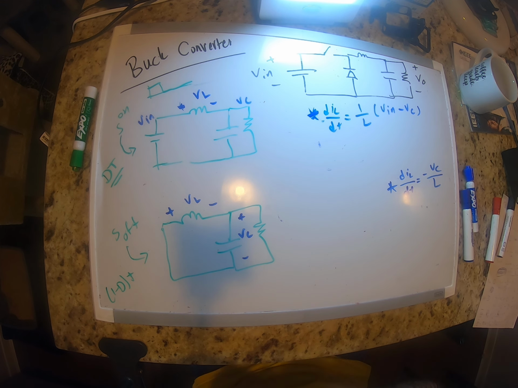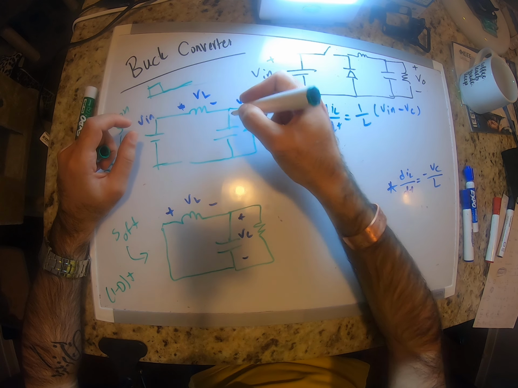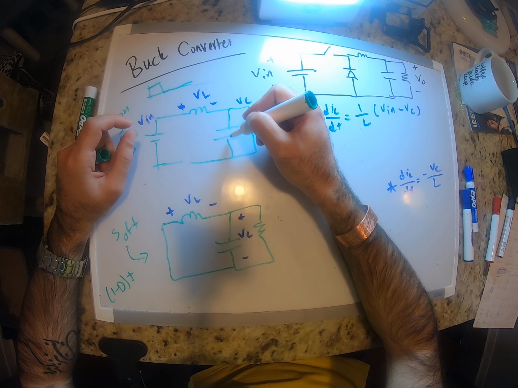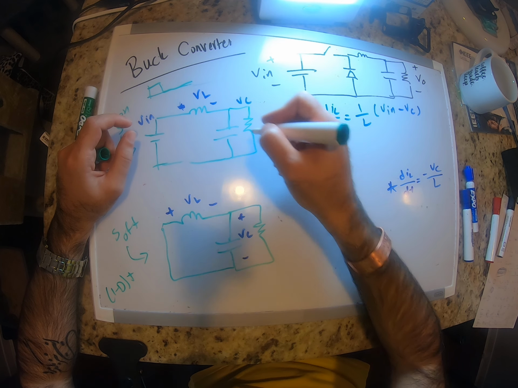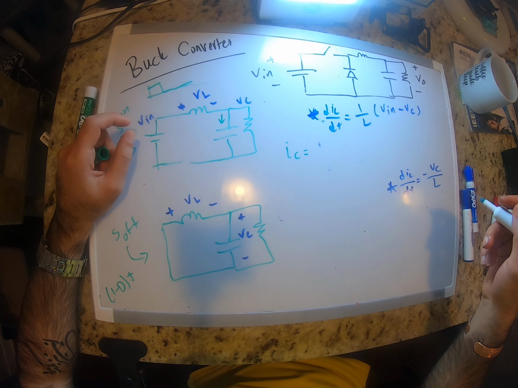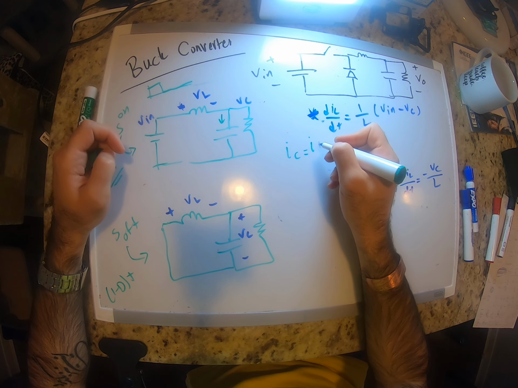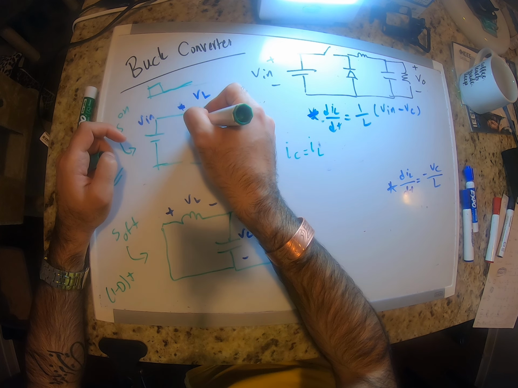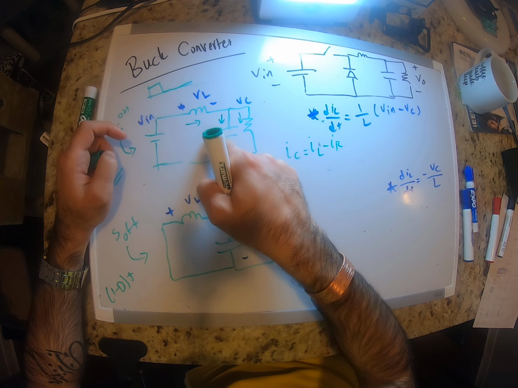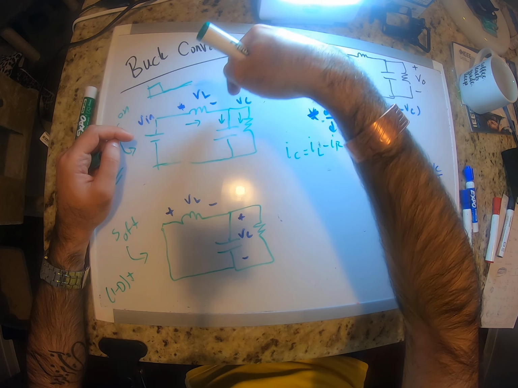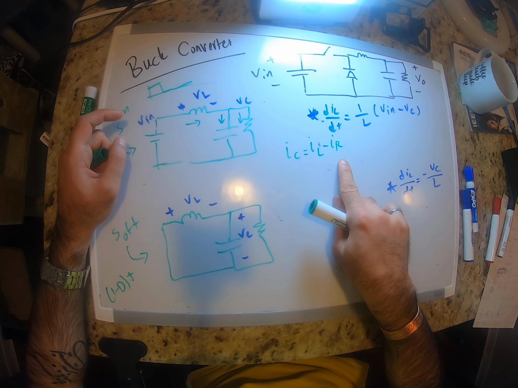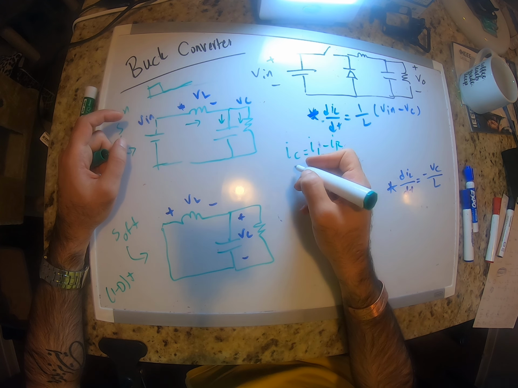Let's do the same thing for the current here. At this point, IC is equal to IL minus IR. I'm writing KCL here. IL is going to be IC plus IR, so IC is equal to IL minus IR.